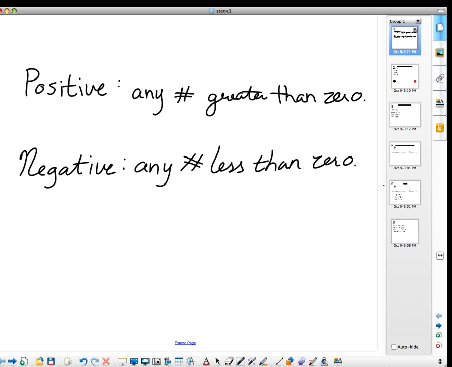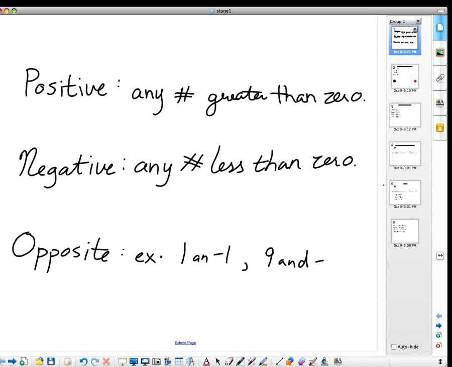Okay? And the last thing you want to know is an opposite number. And an opposite number is equidistant to its pair from 0. So an example of opposite numbers would be 1 and negative 1, or 9 and negative 9.